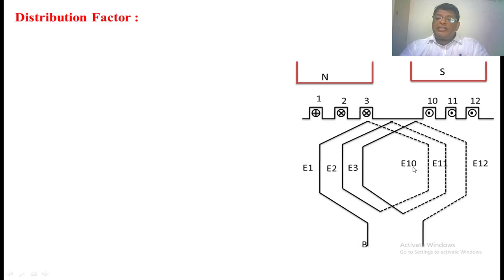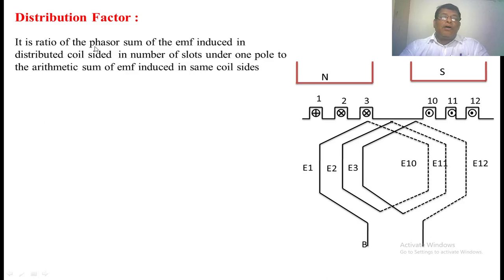E1 and E10 are in phase voltages. E2 and E11 are in phase voltages. E3 and E12 are in phase voltages. The distribution factor is the ratio of the phasor sum of the EMF induced in the distributed coil sides in a number of slots under one pole to the arithmetic sum of the EMF induced in the same coil sides. Here it is very important that this is for one pole.